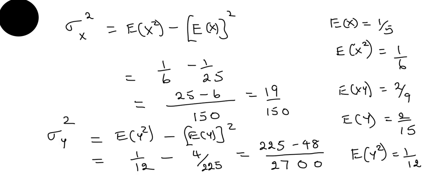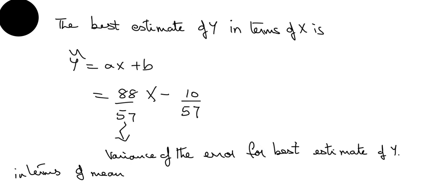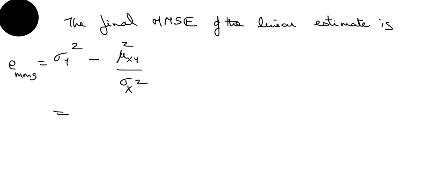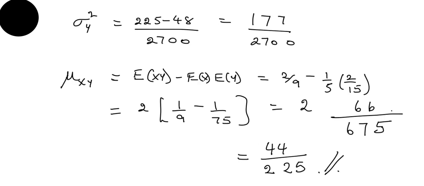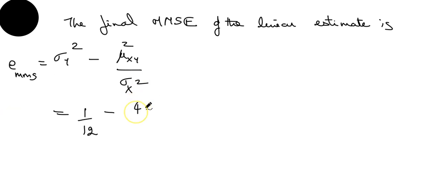I need sigma y squared 1 by 12. So sigma y squared I will have 1 by 12 minus I need my mu xy, 44 by 225. So minus 44 by 225.